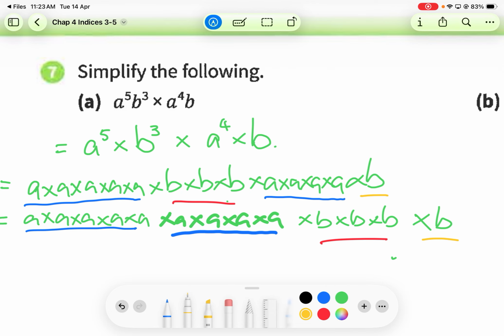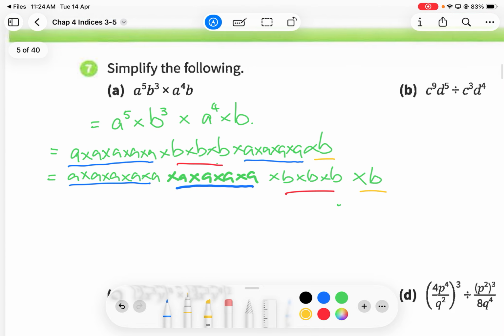Okay? So it is all multiplication. It is up to me to go and arrange. That's why end up, I have 5 times of A here, 4 times of A here, altogether 9 times of A here.